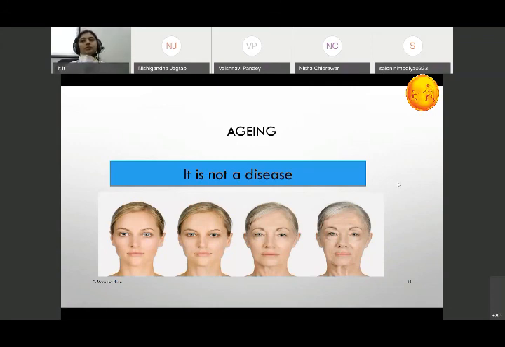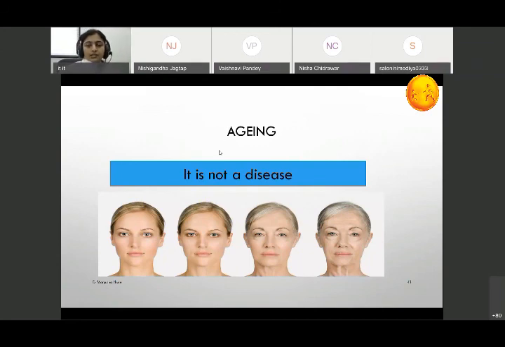Aging also comes as a short note. Disorders associated with free radicals will be one short note, and aging can be another short note. So while writing the disorders of free radicals, you are supposed to write down aging in that also, but mention that aging is not a disorder. It is a normal process which every human has to undergo.